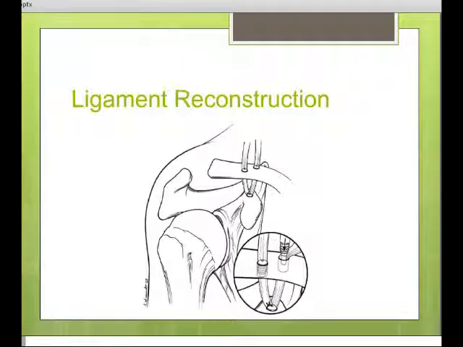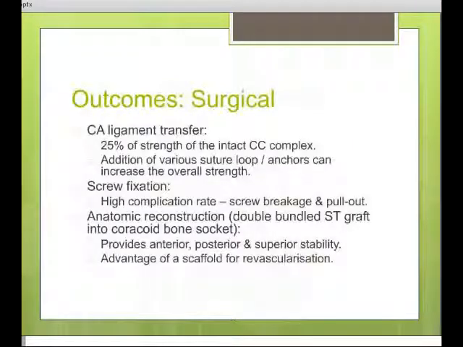Outcomes, or surgical outcomes. The CA ligament transfer, or the Weaver-Dunn procedure, has actually 25% of the strength compared to an intact CC ligament complex. So the addition of various suture loops or anchors can increase the overall strength.